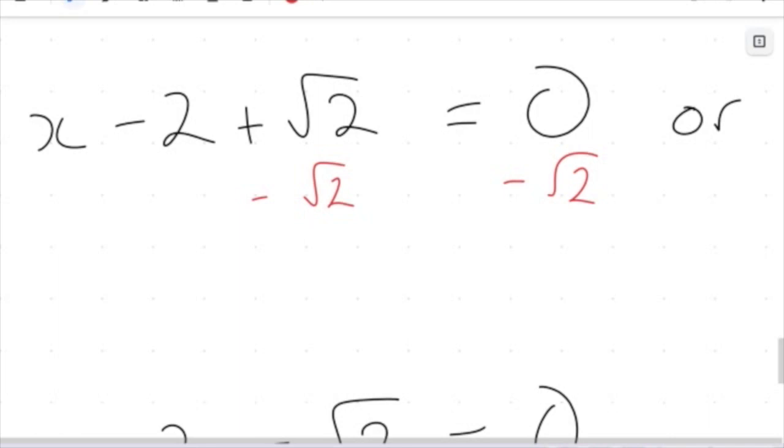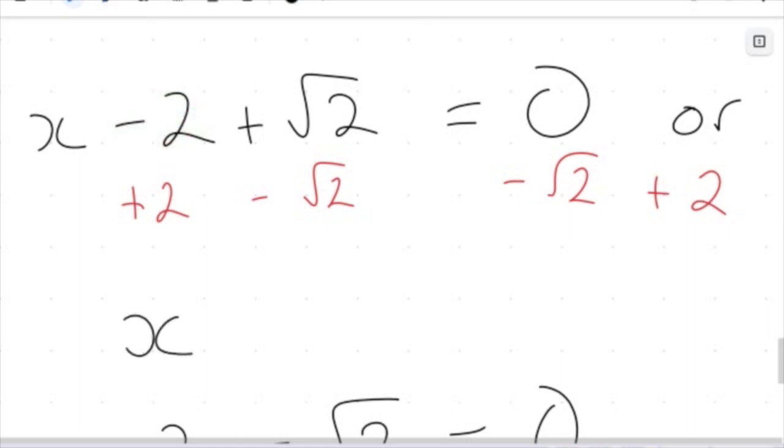And I have a minus 2, so I can add that to both sides. I'm doing this quickly because hopefully by now we're okay with solving these types of equations. I'm going to first subtract root 2 from both sides and then add 2 to both sides in order to get rid of this and give me x on its own.